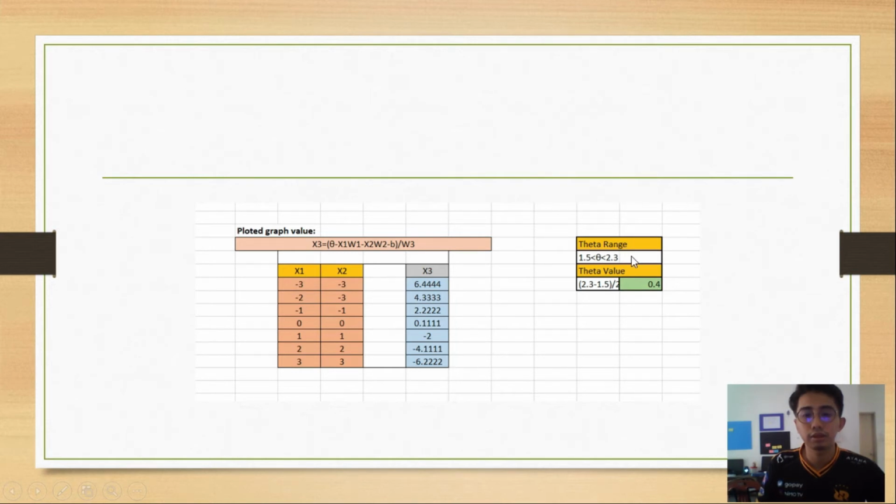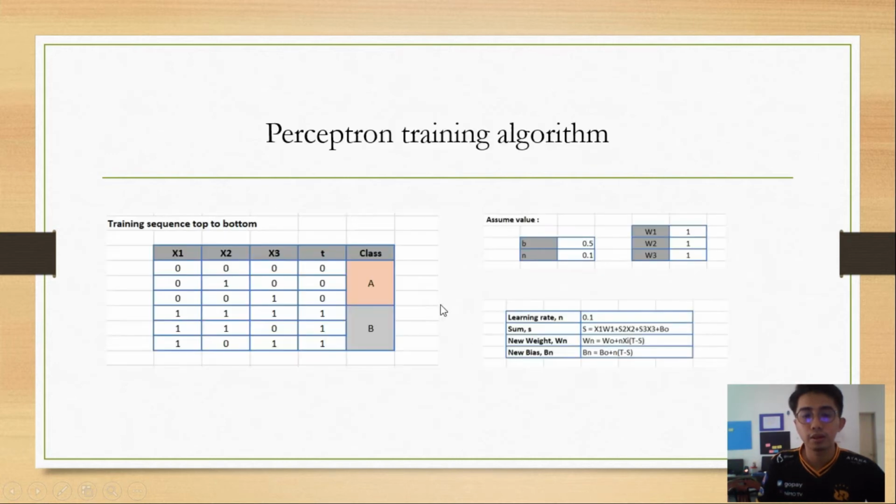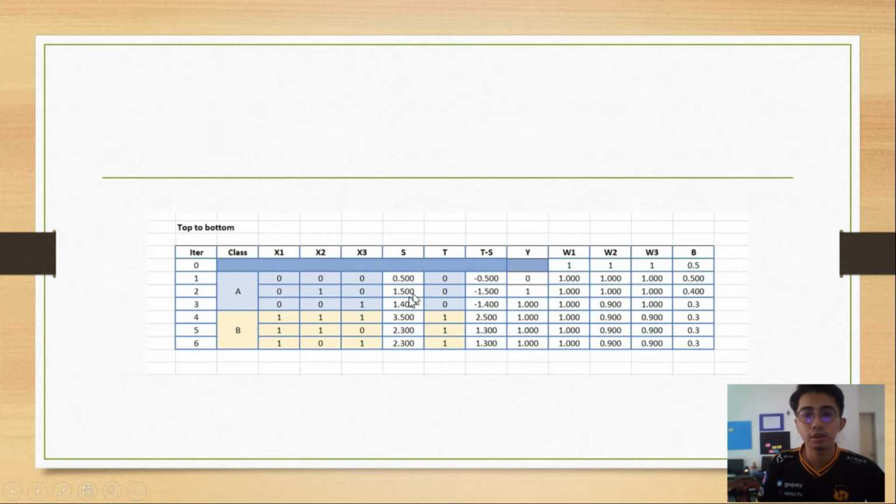Okay, to find the theta range, as we know, we are given two classes, that is class A and class B. So here, for class A, we need to see which of these three is higher. The higher one is 1.5, and for class B, the lowest is 2.3.